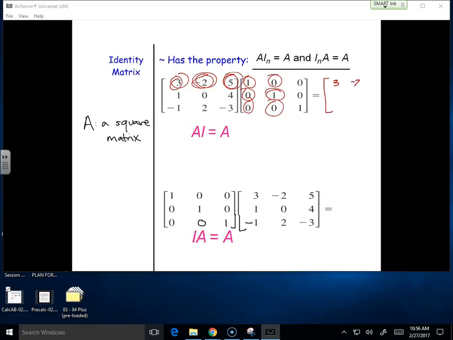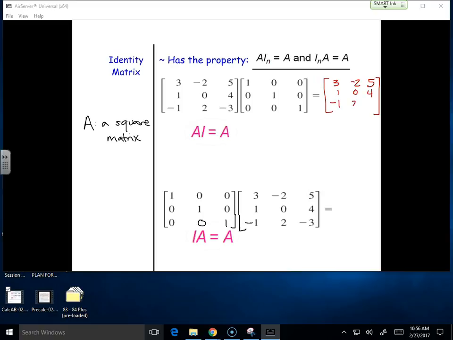Second element, negative 2. 3 times 0 is 0, negative 2 times 0 is 0, 5 times 1 is 5. You keep on going, but I think you guys might have the idea. The zeros get rid of all the other elements, and the only ones that stay in multiplication are the ones that were there to begin with in each of the corresponding spaces, entries, places.